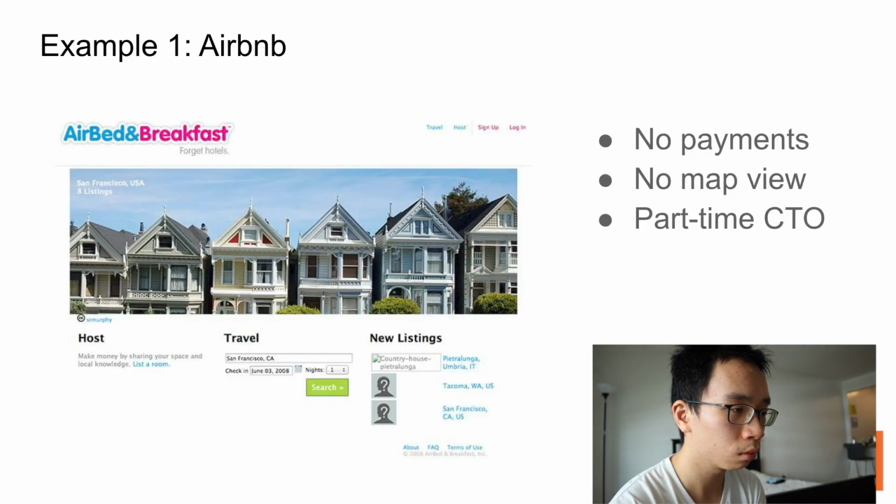Needless to say, that was a pretty big problem, but they started without payments. No map view. You know how when you search Airbnb, you can see where the house is in the city? You don't have that, sorry. And the person writing all the code, Nate, was working part-time. Okay? So everyone tells these kind of magical stories about how everything was perfect from the beginning. Airbnb, not perfect from the beginning.